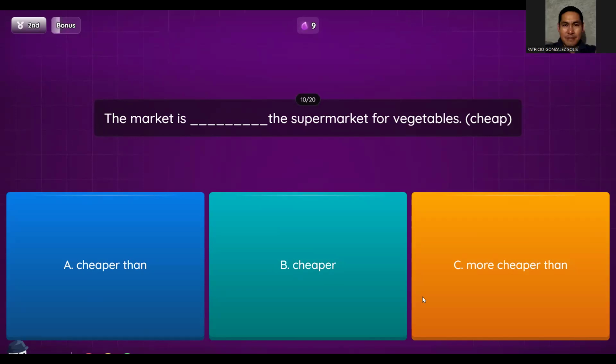So, more cheaper than or only cheaper than? The market is cheaper. The market is cheaper than. Yes, because er means more.